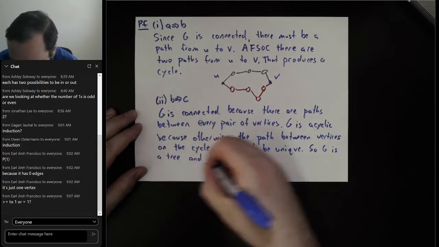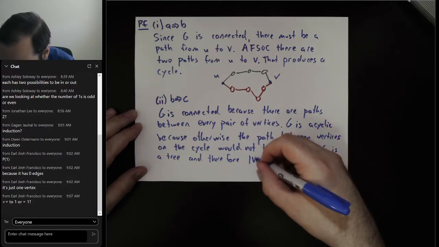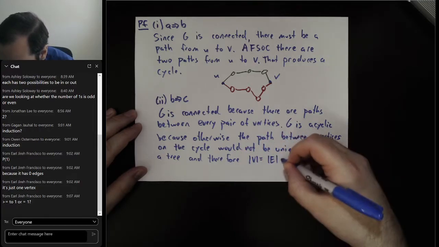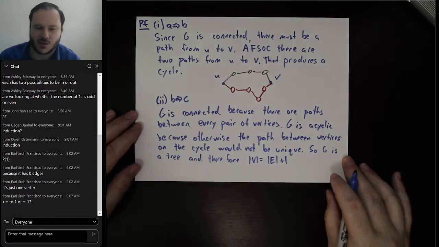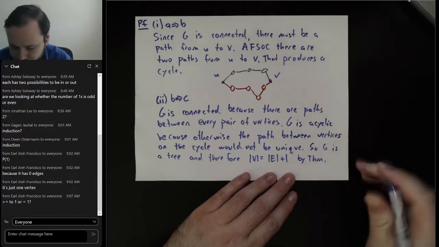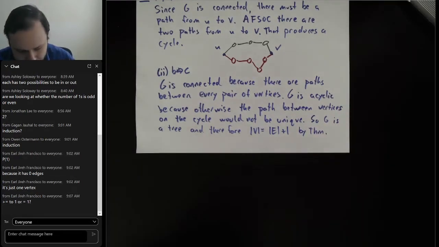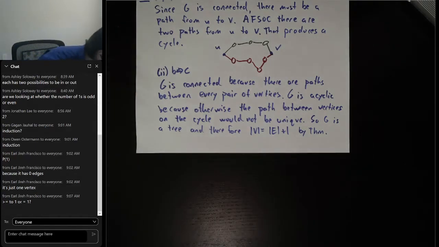And therefore, the number of vertices is equal to the number of edges plus 1 by that theorem I just proved. Okay.